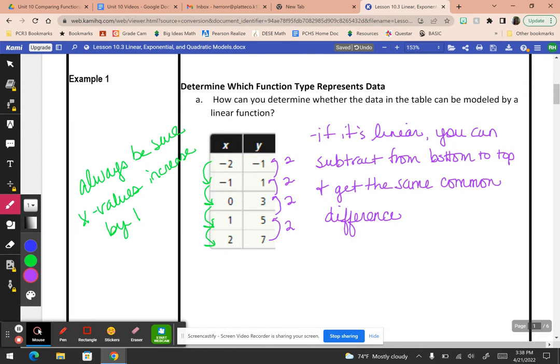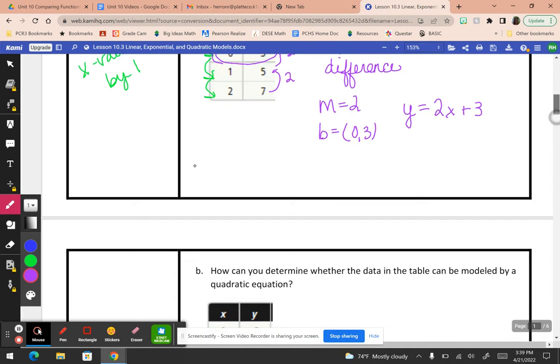For this part, we have m equals 2, like our slope. Our y-intercept would be here, that's 0, 3, so b equals 3 for where we're starting from. If I'm writing an equation for linear, it would be 2x plus 3. So check that it goes up by 1 on the x's, and then on the y's, if it's adding the same thing every time, it's going to be linear.